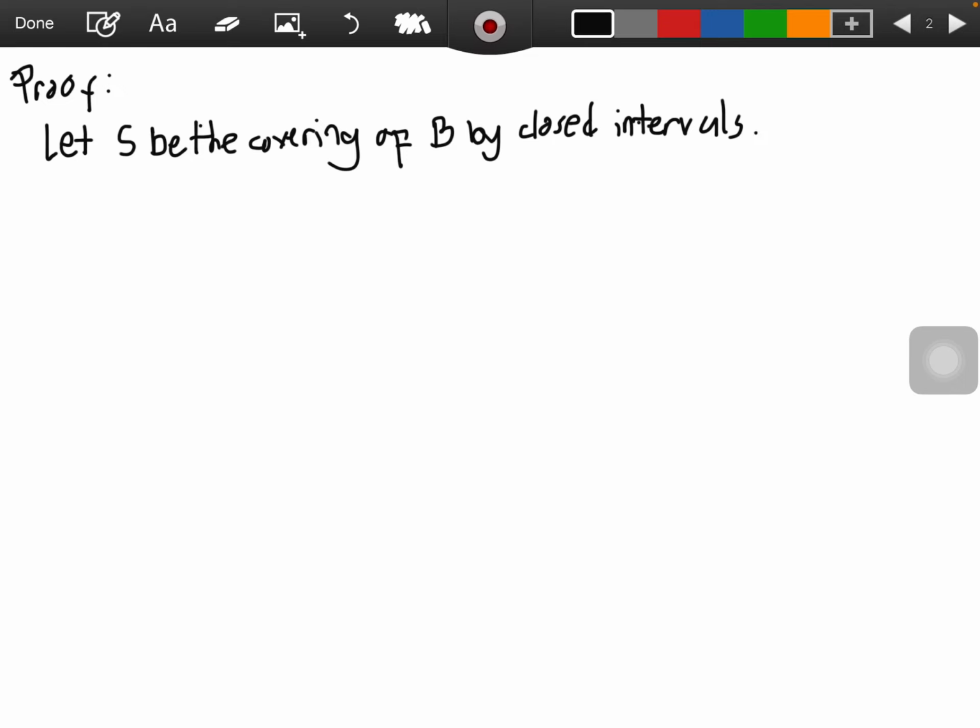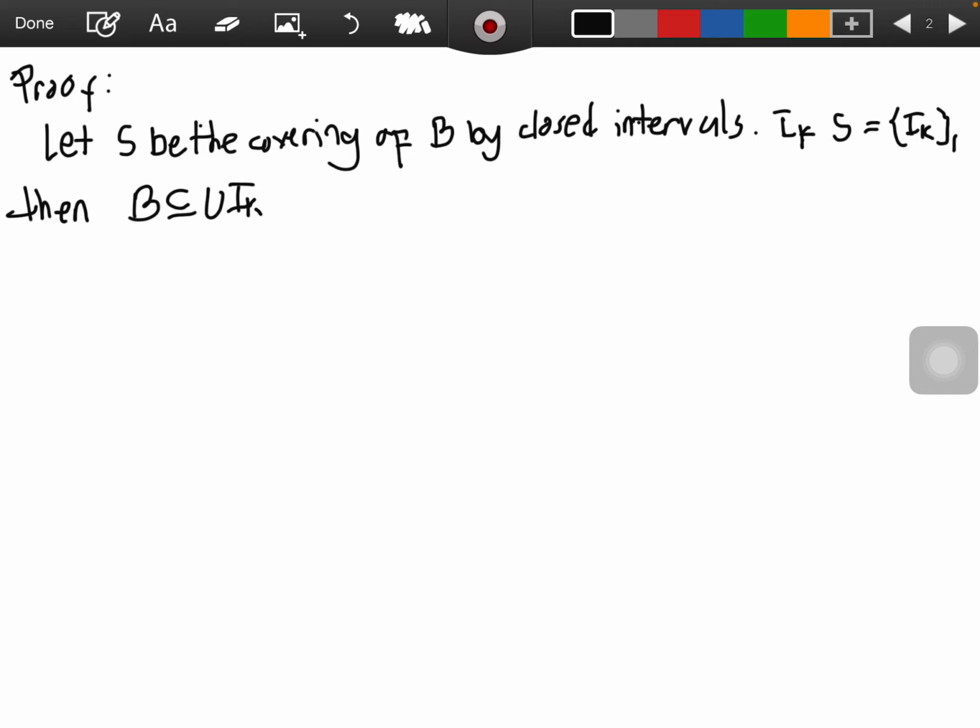Now, kung yung S ay covering ng B, so if isa-set natin si S, so if yung S natin is equal to set containing I sub K, so meaning ito yung mga laman niya, ito yung mga ginagamit niya pang cover kay B, then from the definition ng covering, si B ay subset ng union of I sub K. So, yung union nung nasa loob ni S, so kino-contain niya si B, since S is a covering of B. So, that is the definition of covering of a set.